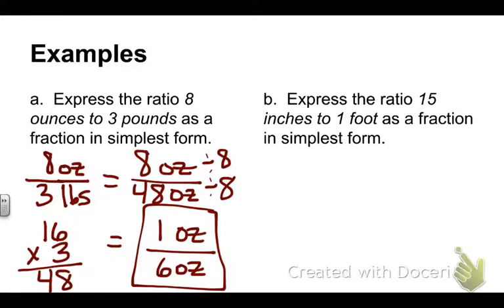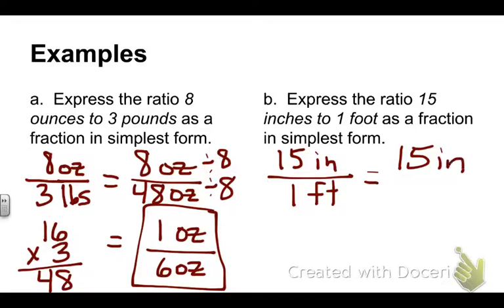In the second one, express the ratio 15 inches to 1 foot as a fraction in simplest form. So I've got 15 inches to 1 foot. I want everything to be the same, so I'm going to change them to inches. You probably know how many inches are in a foot. So it's 15 inches to 12 inches.